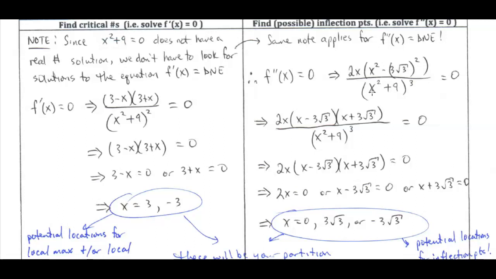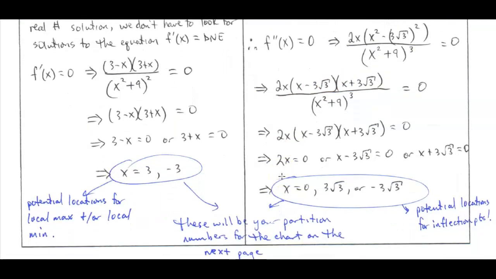We just look at the numerator here to figure out where f double prime of x is equal to 0. And we can look and see that x either has to be 0 or plus or minus square root of 3 for the second derivative to go to 0. And so here, what you see is that these are going to be the potential locations for our local max and local min.